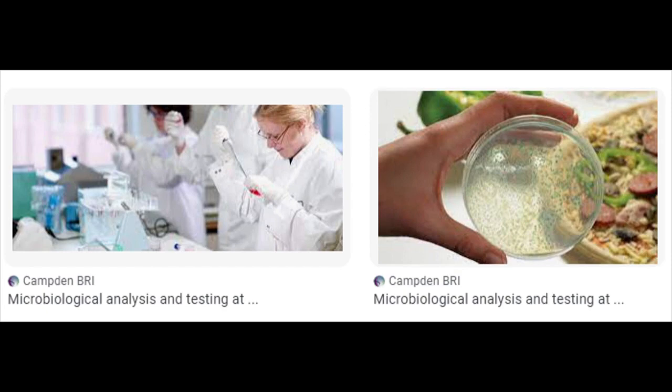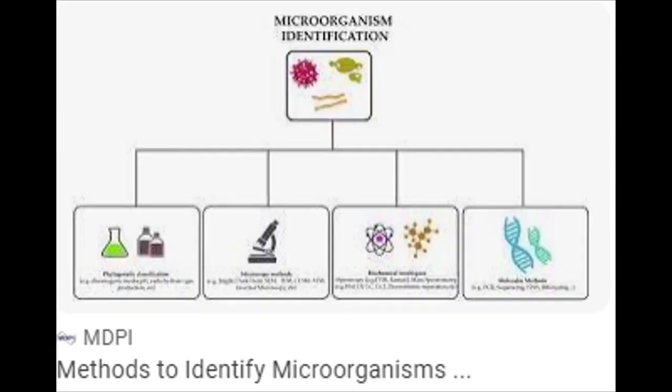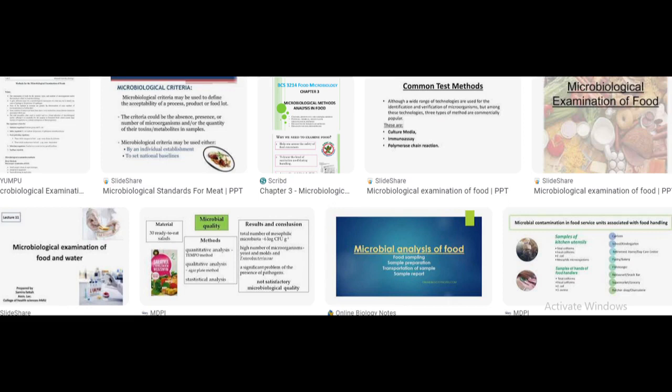In other words, in other foods, knowledge of the total count may be useful, but it is often of more value to obtain an estimate of the numbers of a particular component of the total flora. Examples of this could be molds in a cereal, psychrotrophic bacteria in a chilled food.